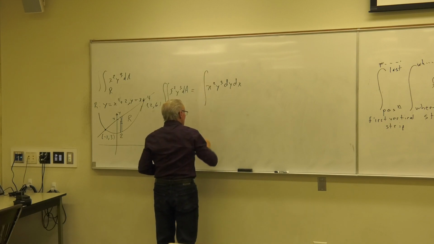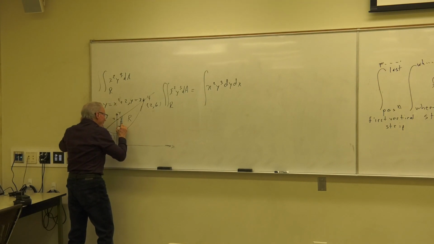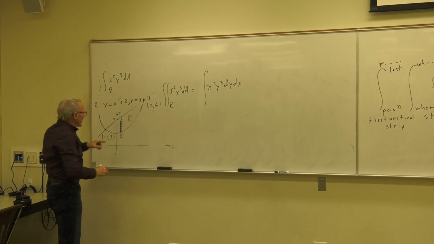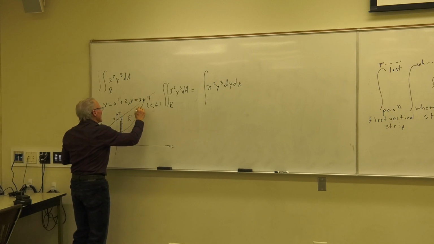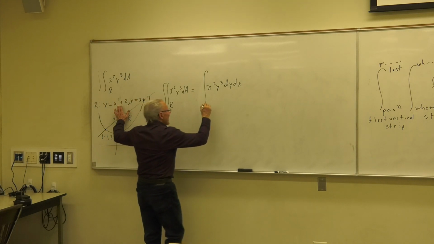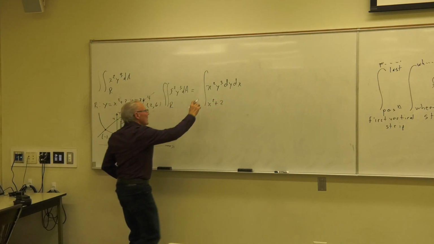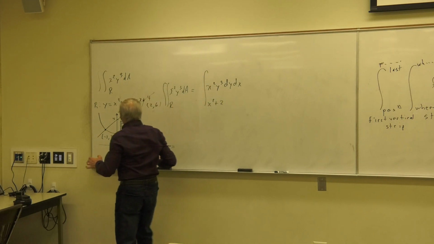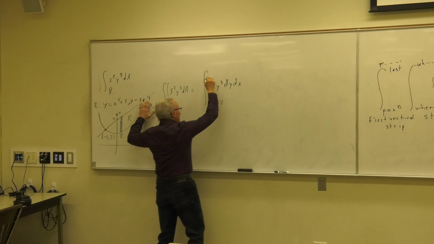Adding, therefore, this limit: we're now adding over all the little rectangles standing in a vertical strip. Where do all the strips start? They all start on the parabola, where y is equal to x squared plus 2. Upper limit: where do all the strips stop? They all stop on the line where y is equal to x plus 4.